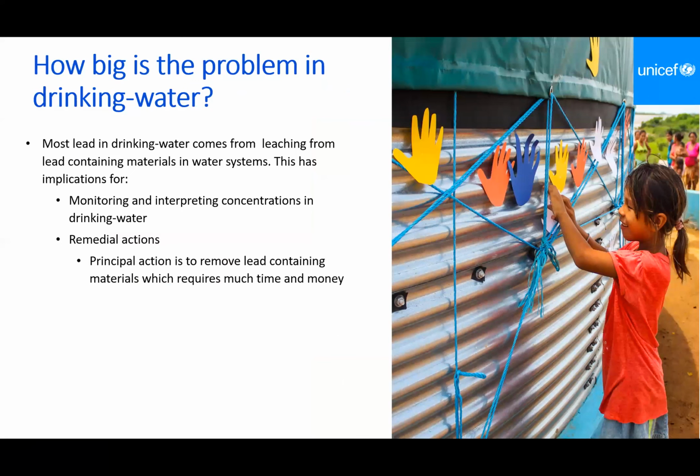Going back to the relevance of lead in drinking water. Lead comes from lead pipes, that's obvious, but not only. It also can come from brass components, fixtures, PVC pipes, galvanized iron pipes, and equipment, in particular materials and equipment that do not meet national or international standards.